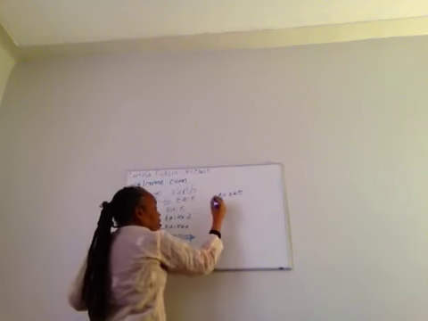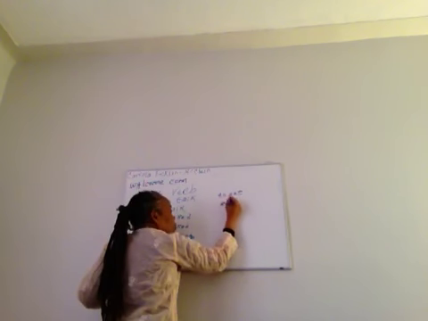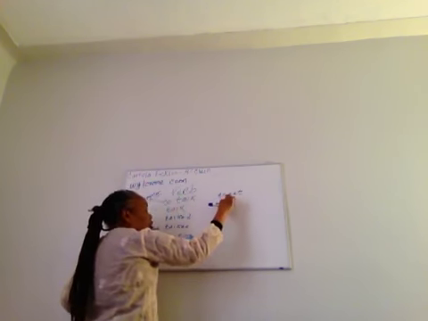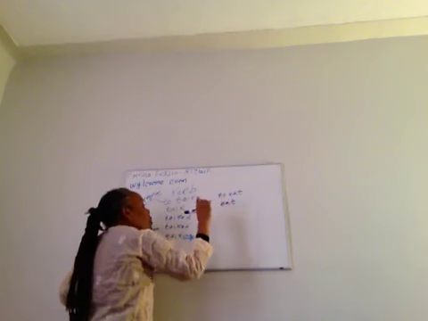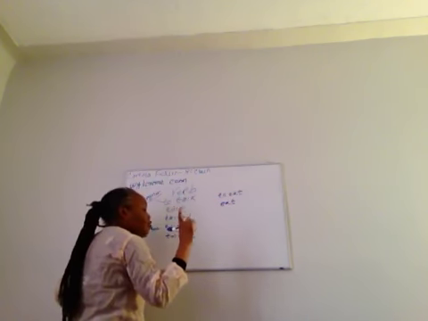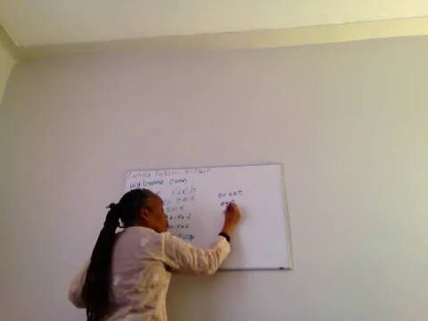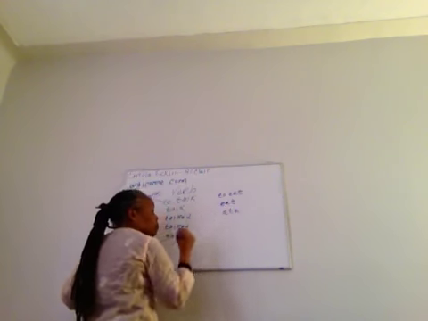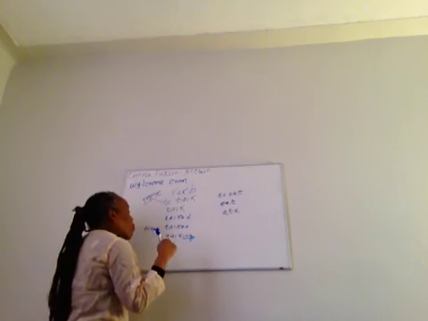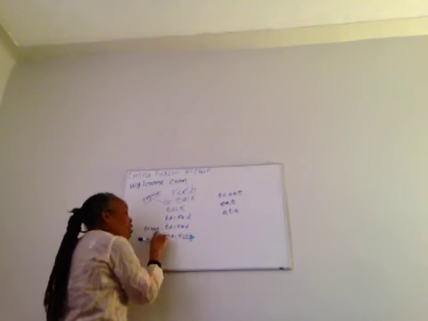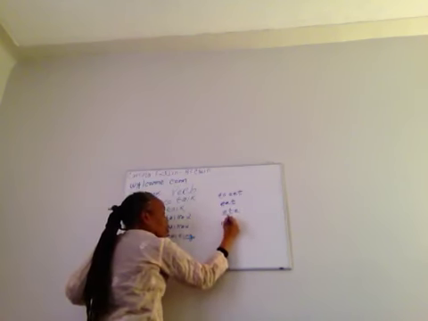So it's eat, the infinitive, to eat. The simple form is eat. The past tense form is ate. Completely changes. The past participle form, to have eaten.